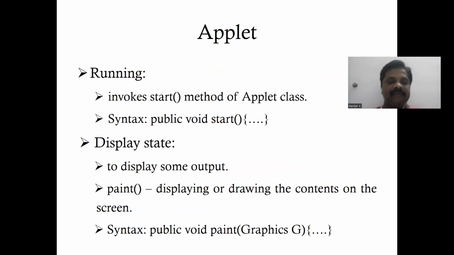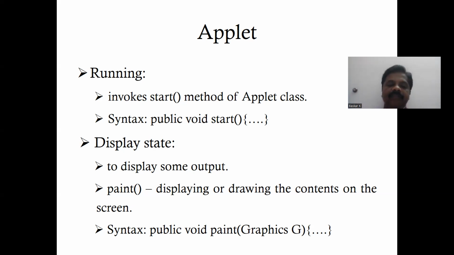After that, the running state. So invoke the start method of the applet class. For example, the syntax of the start method is public void start. Next, display state. To display some output after setting up all the variables, colors, images, whatever you need. Once you start that method, it will display some output.